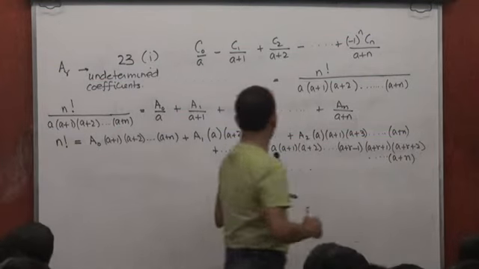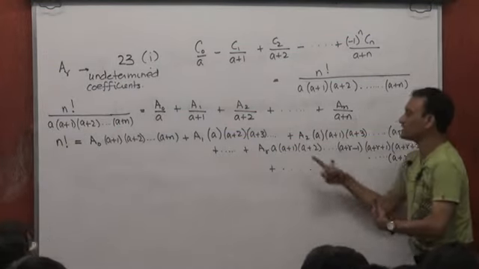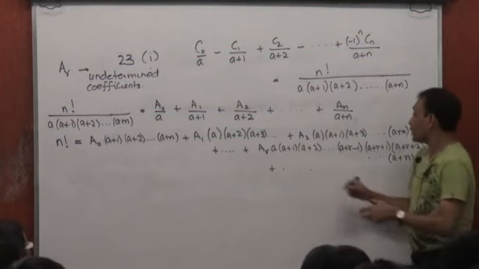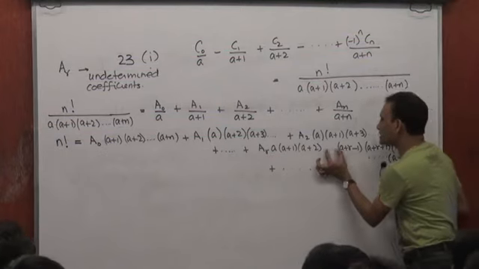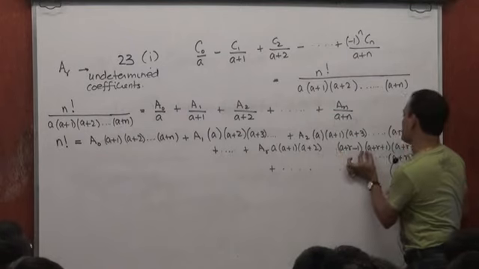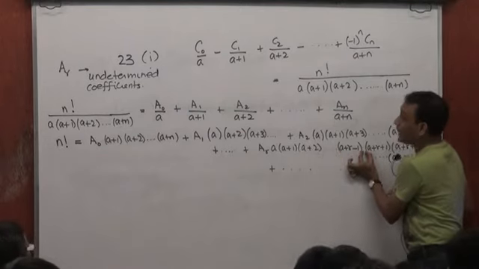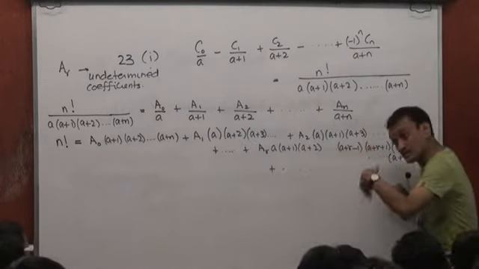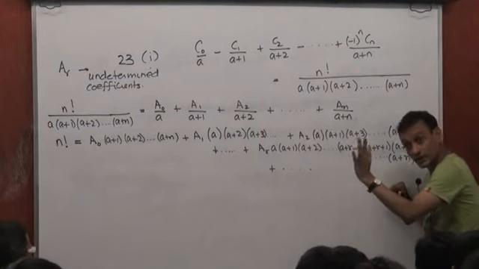So what I'm trying to find is AR. And in the AR term, realize that A plus R is missing, and in all other terms, the factor A plus R is present. Yes or no?